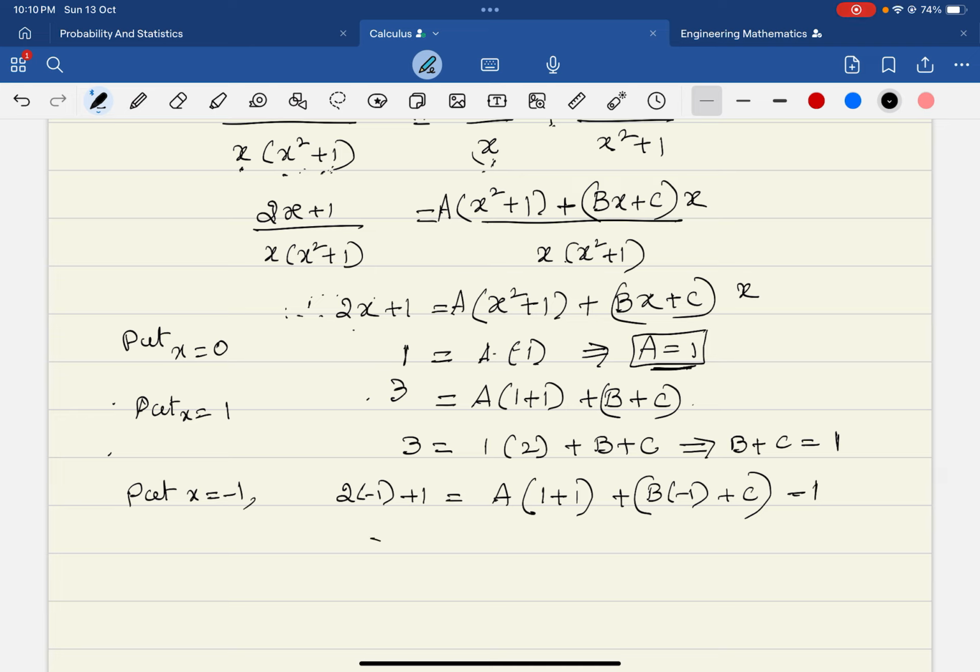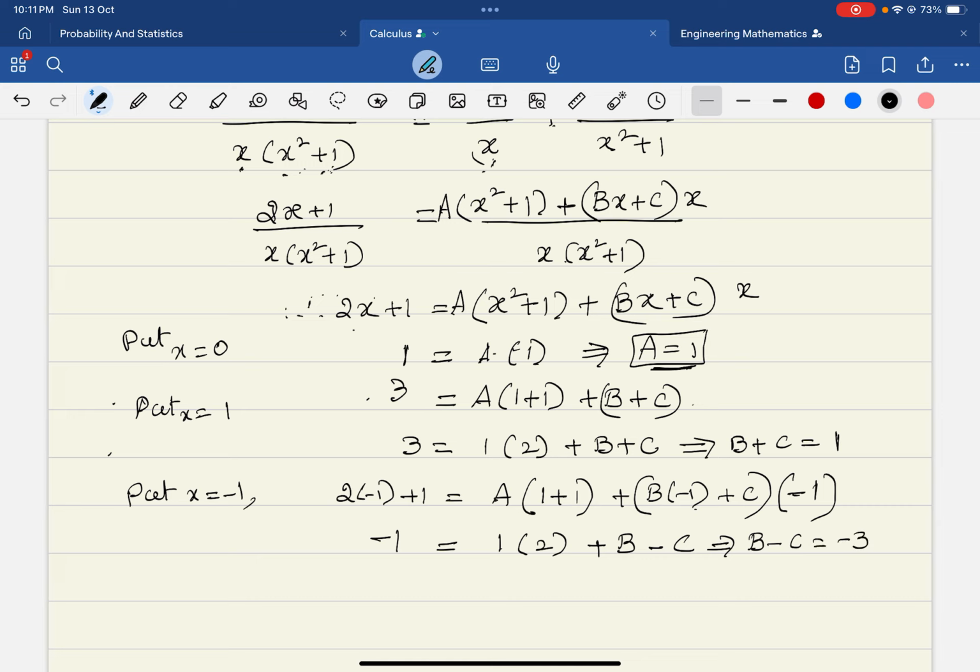So now minus 2 plus 1 is minus 1 here, and a is already 1, we know. 1 into 2 minus b, plus c into minus 1. So b into minus 1 is minus b, and minus c. So what it implies? B plus c is equal to 1 minus 2, which is minus 1.